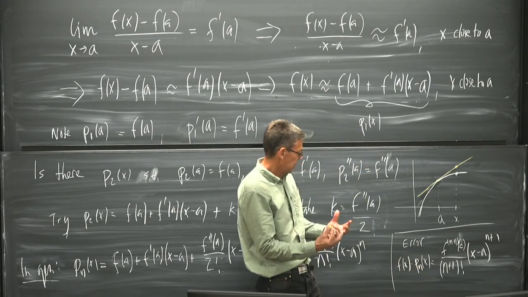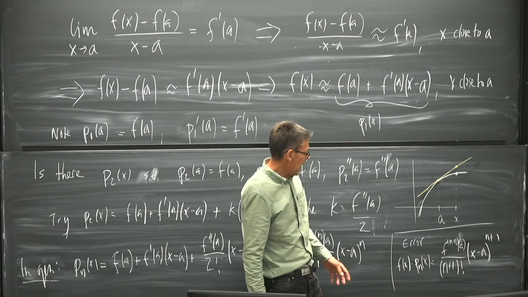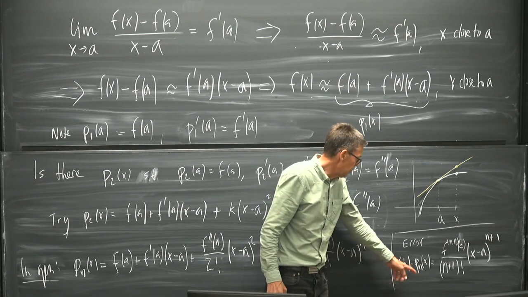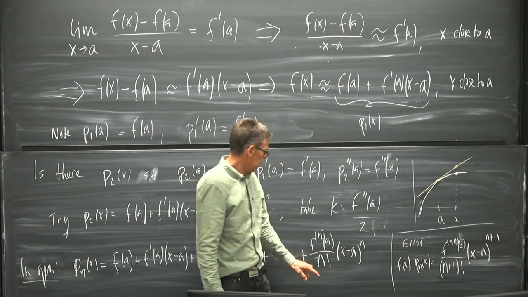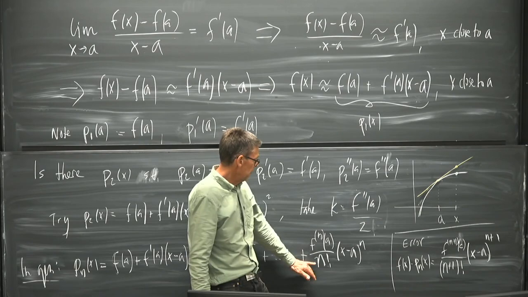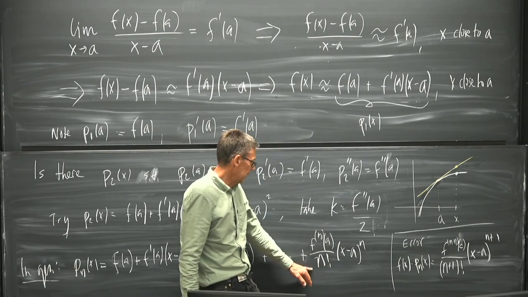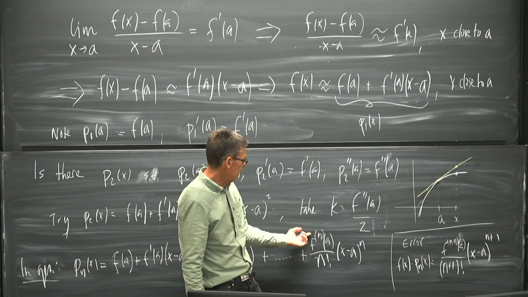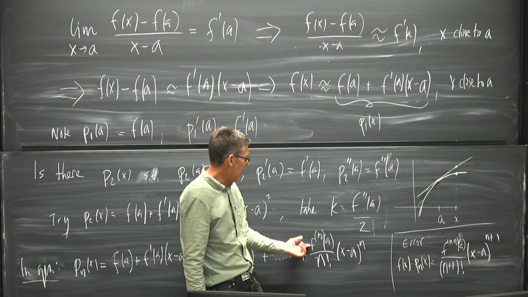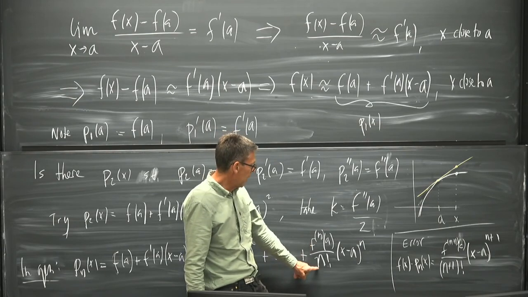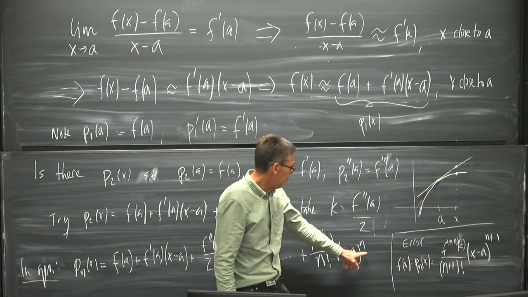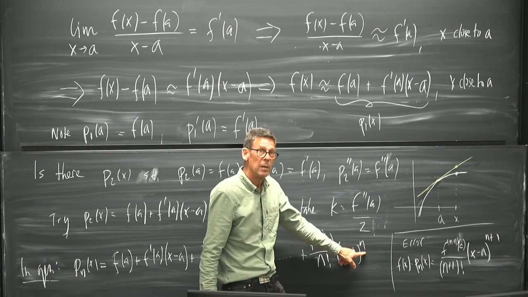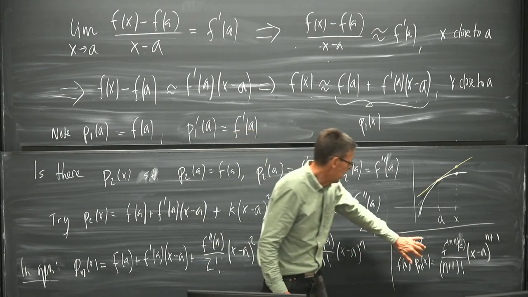So this is the error in the approximation. And the thing about this is that the error term looks like the next term in this series would look like. So you need an n plus first derivative of f, you need an n plus 1 factorial here, and you need a power n plus 1 here. Right? So this is the error term here.